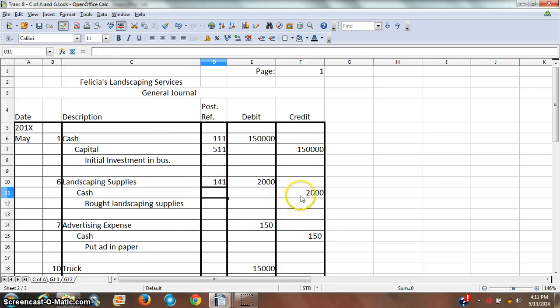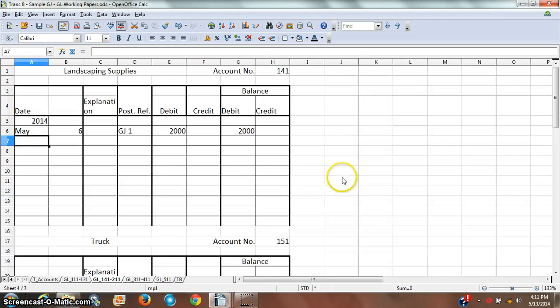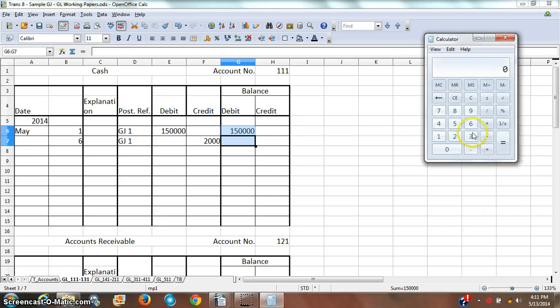Now I'm going back to cash. I've spent $2,000 worth of cash. So here, in this column, I can again just put the date. Still General Journal, page 1. But this time, you can see it's a credit. That amount has gone down. But now in the debit column, I'm going to figure out what my new balance is. This is a debit account. I had $150,000 in there before.